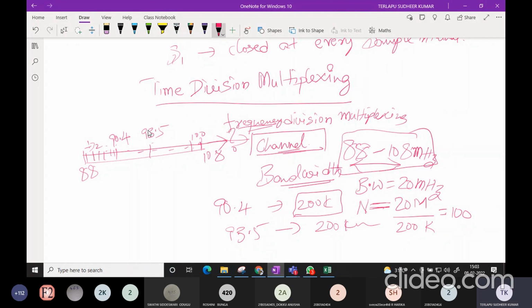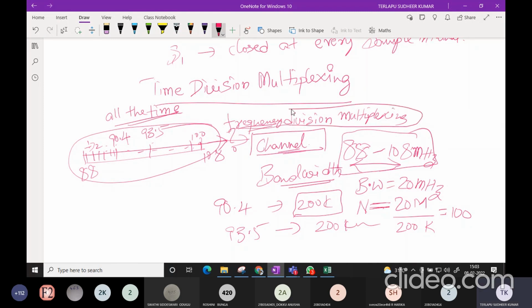Immediately after 10 seconds, you tune to 93.5 megahertz, you can listen to 93.5 megahertz. That means your radio receiver receives all the signals all the time. This point is very important. But the frequency is limited for each channel.